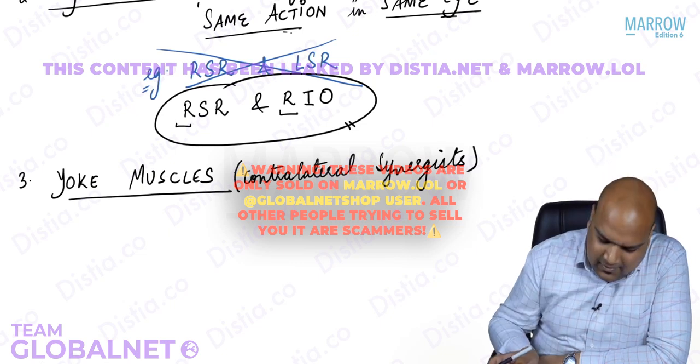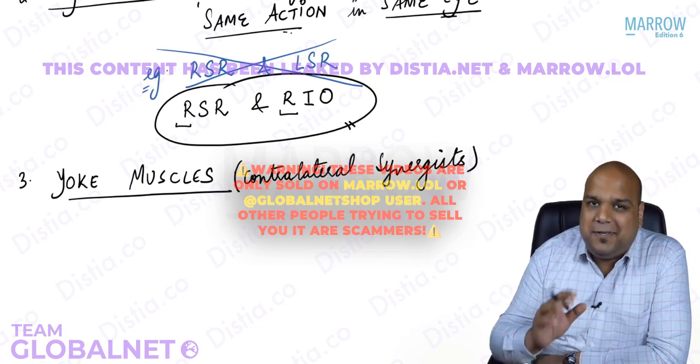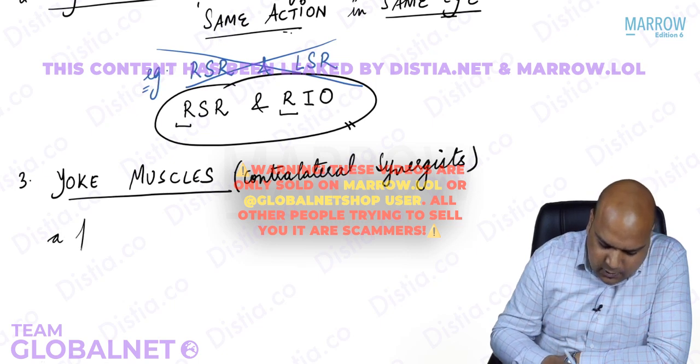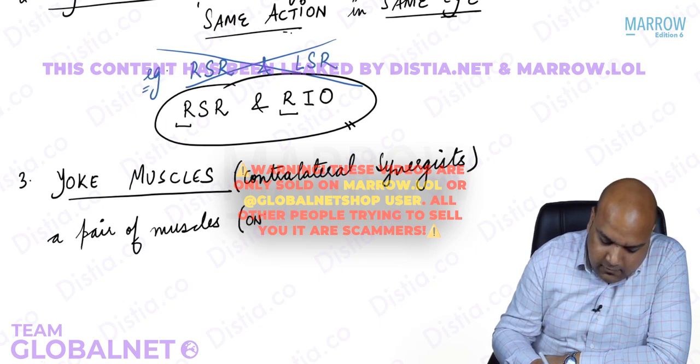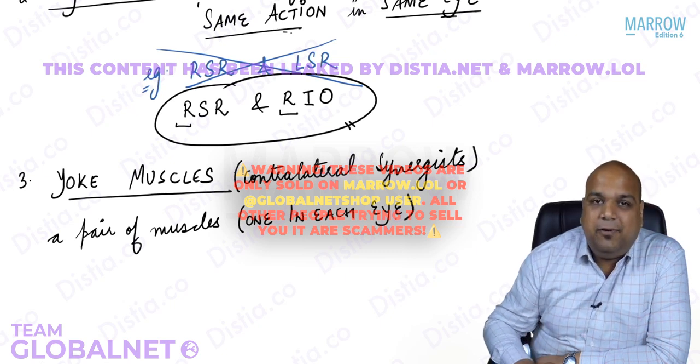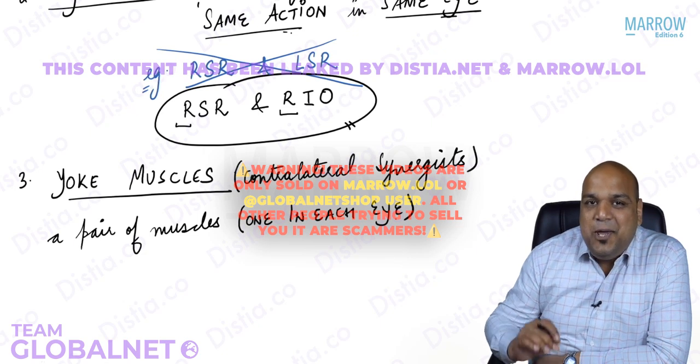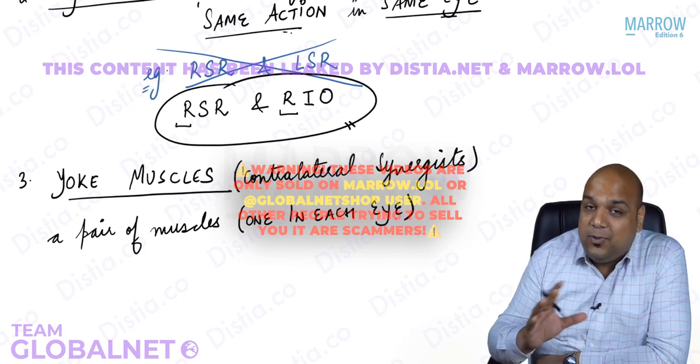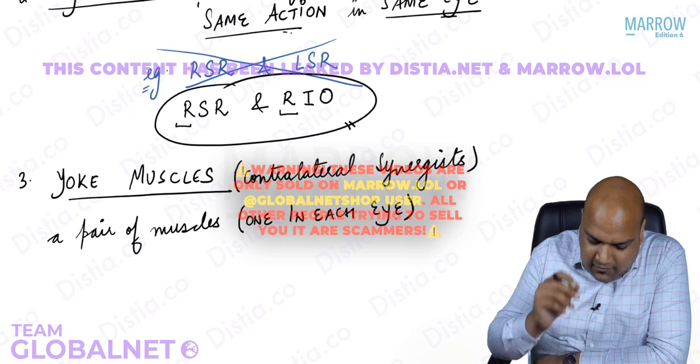Now, let's first write down what they are, then try to understand. Yoke muscles are a pair of muscles, one in each eye. If you understand the word contralateral synergists, you understand yourself. I am talking about both the eyes. Contralateral, one in each eye.